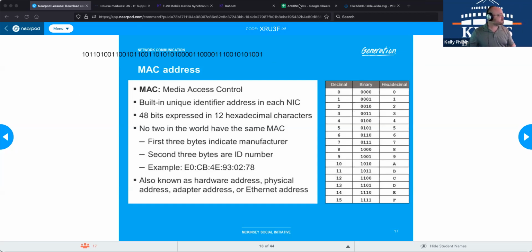What it's doing is breaking it down into little chunks, like this. And then each one of these chunks will be broken down into 2 nibbles.